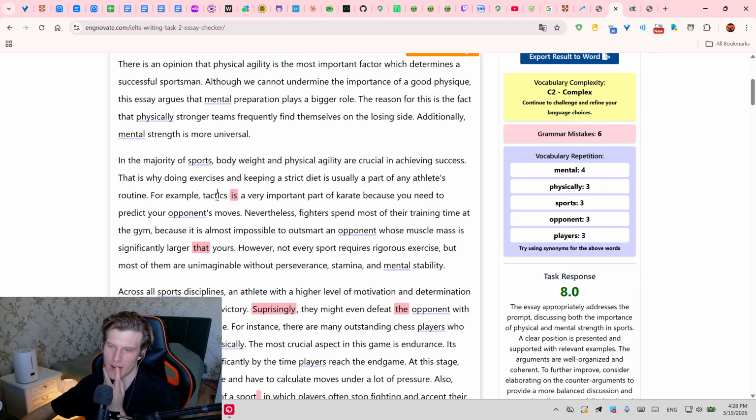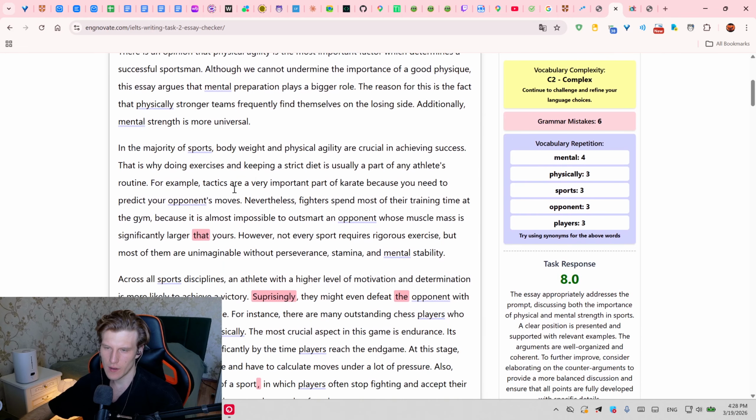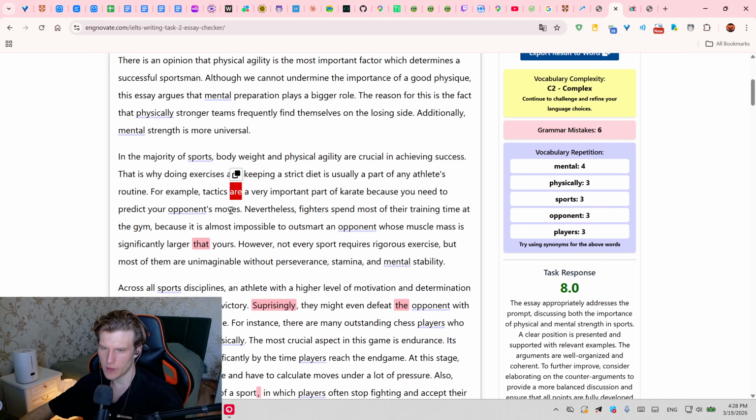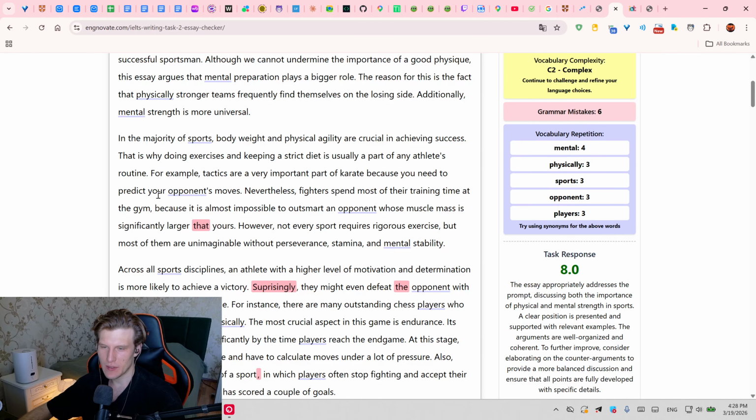Yeah, tactics are, yeah, this I just missed. This probably was a big miss, by the way. This is subject-verb agreement. I should have noticed that. But I can't notice everything, right? Tactics of karate because you need to predict your opponents. What's wrong with that?